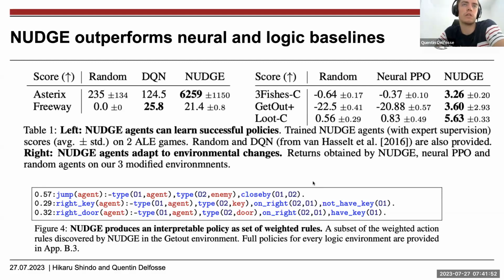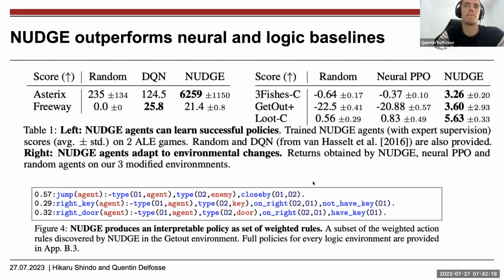But for the 3 Fishes, we wanted to show that, because the rules are interpretable, you have an easy way to interact with the human. For 3 Fishes color, we just changed the predicate is bigger than in the rule with the predicate is color green.